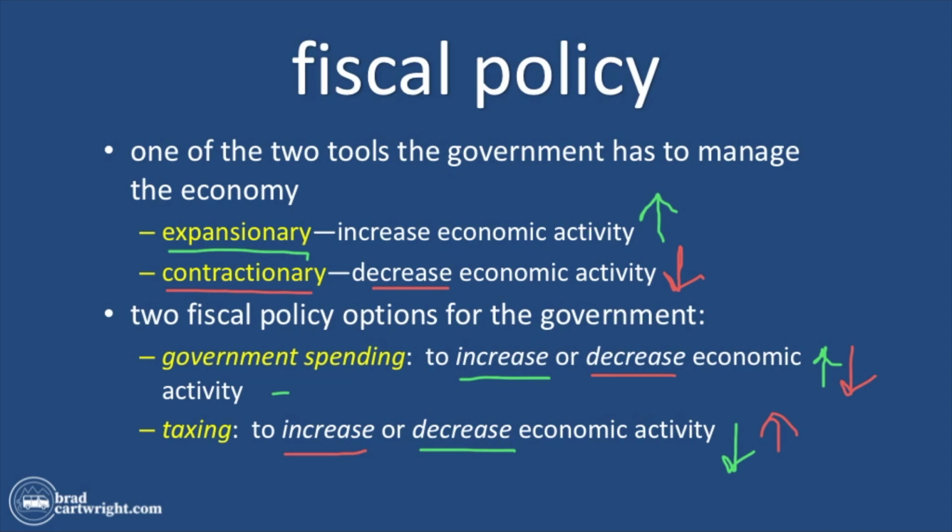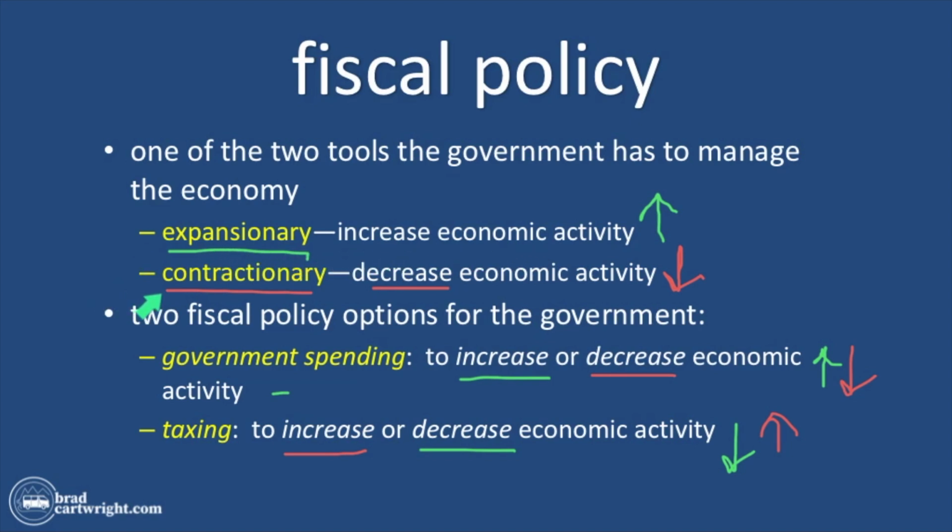All right. So fiscal policy is one of the two macroeconomic tools that the government has to manage the economy. They do it through monitoring government spending or through changing the tax rates in the economy. If they decrease taxes or increase government spending, it would be an example of expansionary fiscal policy.